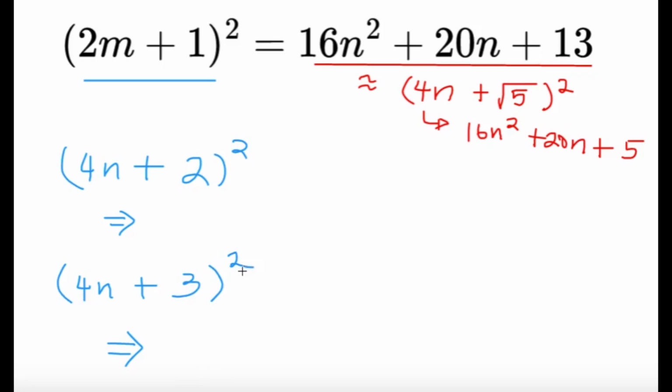Why these two specifically? Because the square root of 5 is between 2 and 3, and we're talking about integers, so I have to use integers for this.